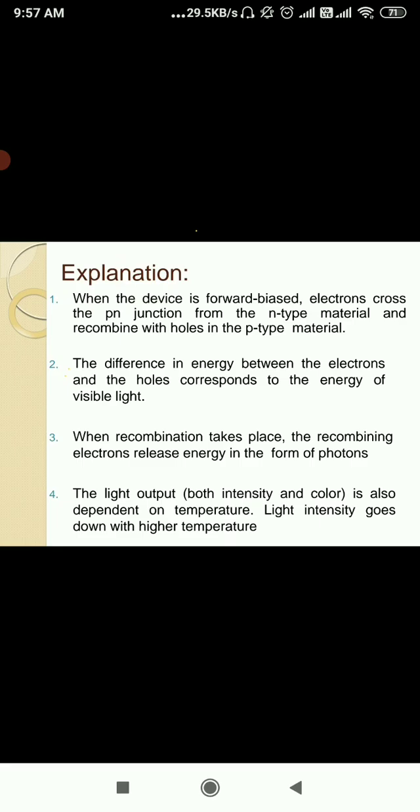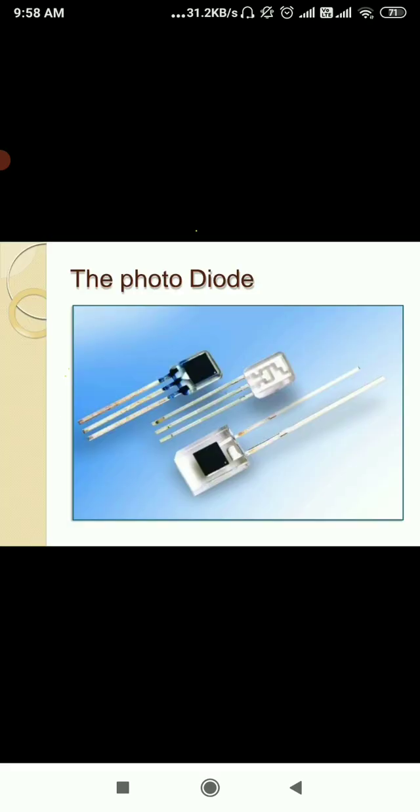So we can say when the LED is forward biased, at that time there will be recombination of electron and hole, due to which we will get emission of light. But that emission of light will depend on temperature also, and light intensity will go down with an increase in temperature. So this is the principle of operation of a LED.